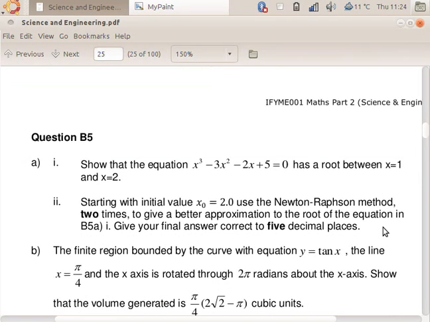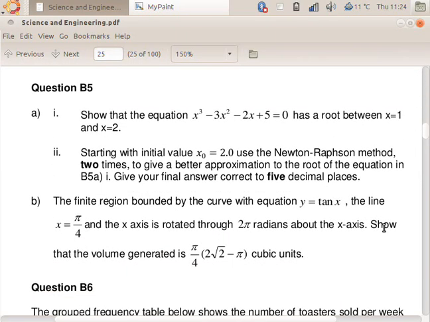Okay, that's probably wise. Okay, so the first one now, number 5 here. How do we show that it has a root? Well, actually, we usually see this question in section A as well. So how do you show something has a root? Sorry, let me rephrase. How do you show that this has a root between x equals 1 and x equals 2?